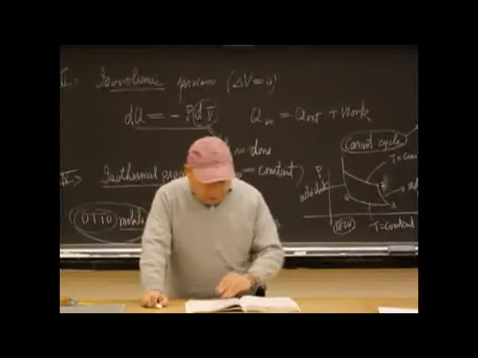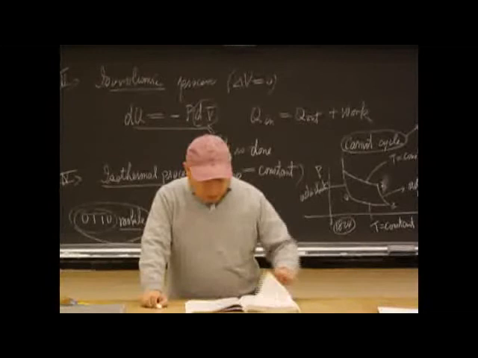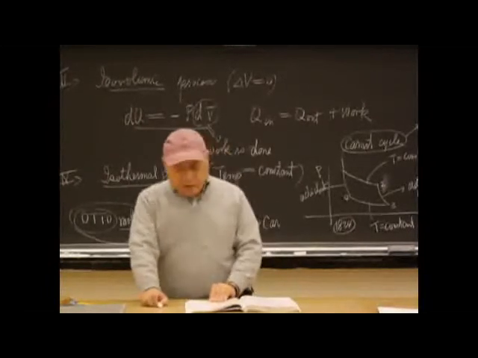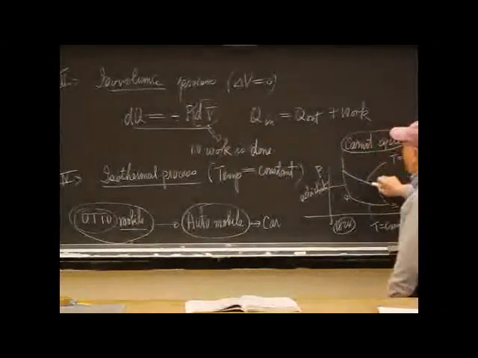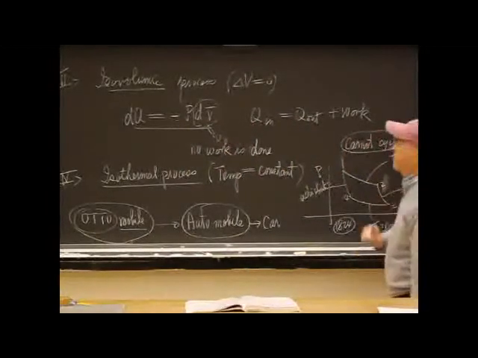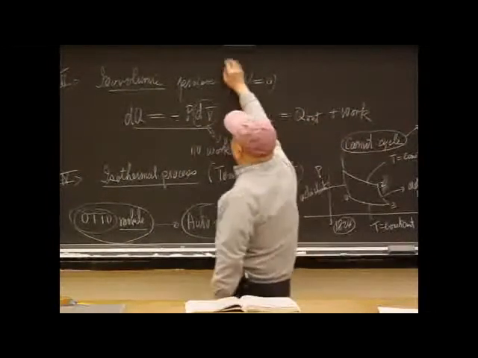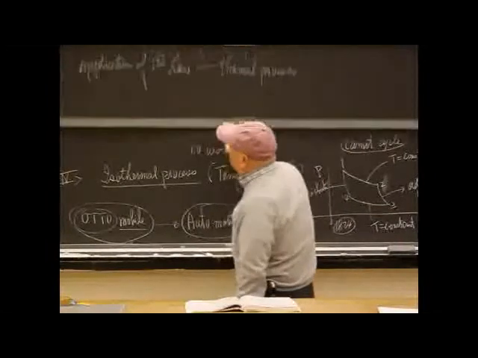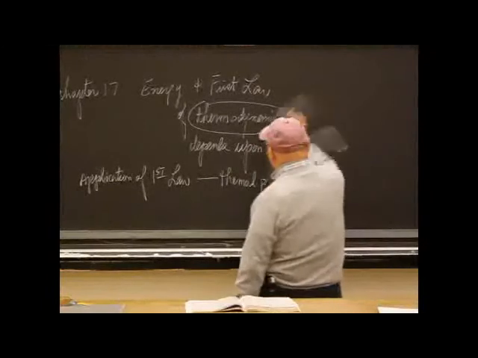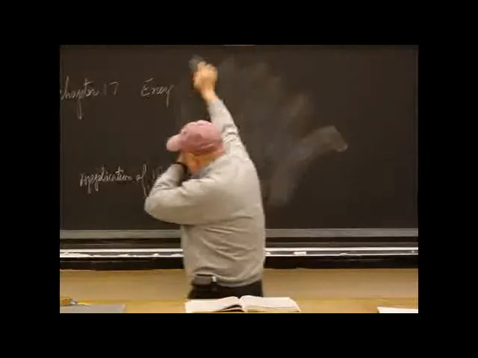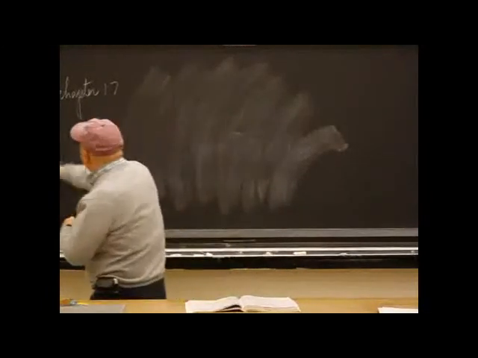So we like to go through this specifically. If you go through the isothermal, what's happening? We want to stress this isothermal, because when you are calculating this, a lot of nice things happen.